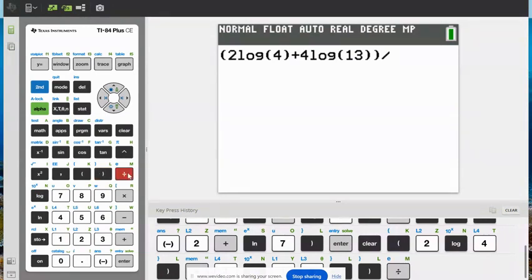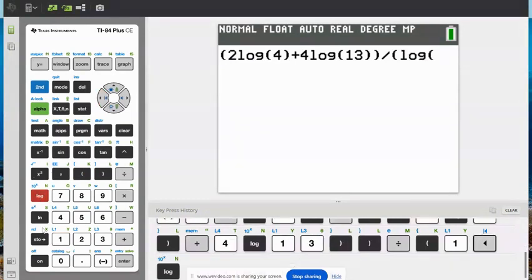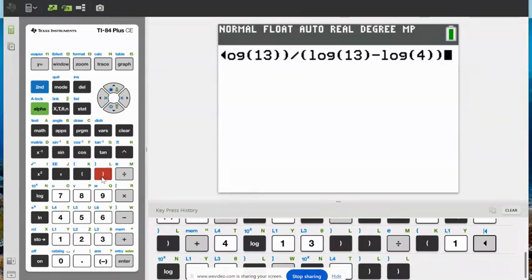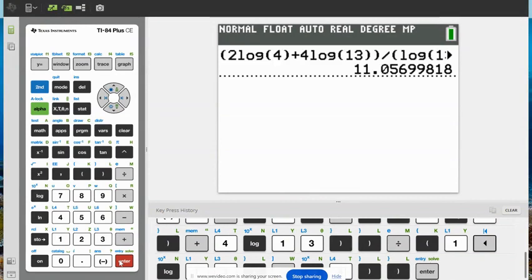Now we do our division sign, and I'm going to open up another set of parentheses to start my denominator. So this is going to be log 13 minus log 4. And then we're going to double close to end that. Press enter, and we will have 11.057.